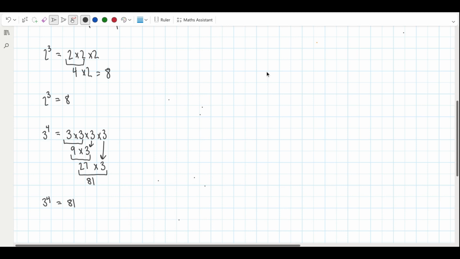If we've got 5 squared, that's going to be 5 times 5, because we need 2 5s. And 5 times 5 is 25. Now, anything that has a 2 up the top, anything to the power of 2, is known as a square.